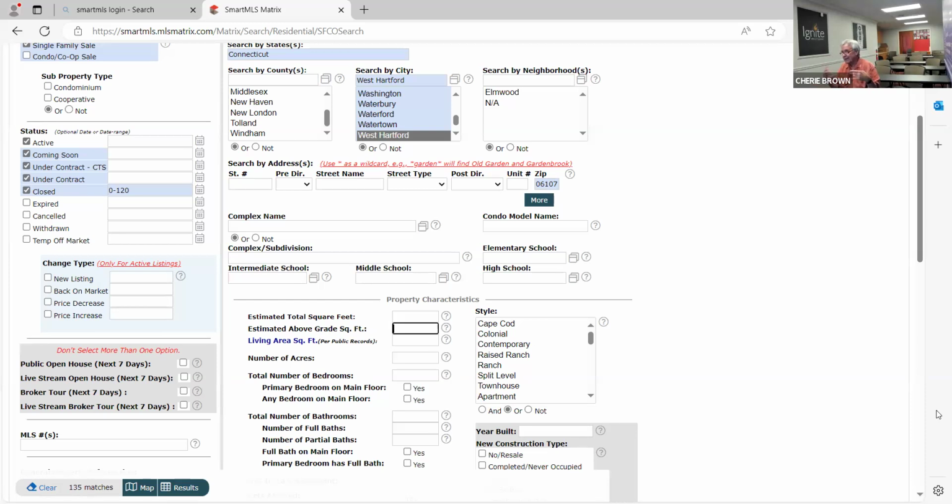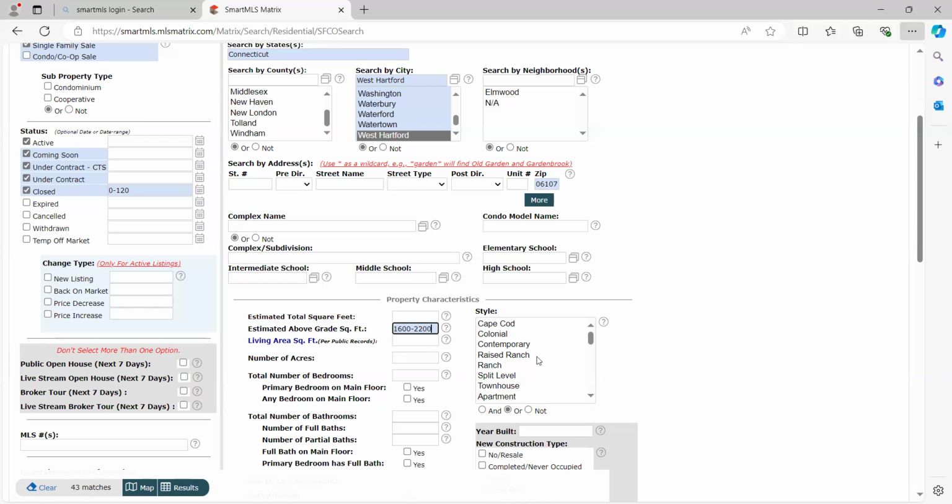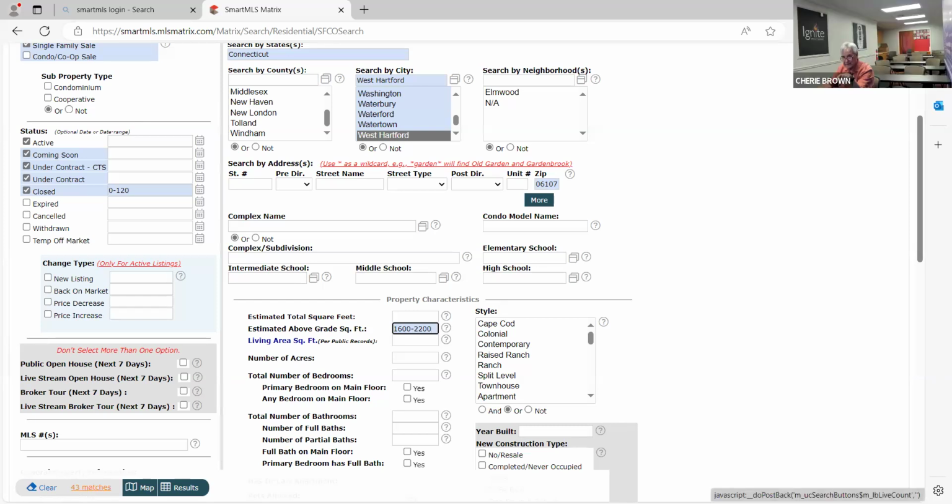So I'll typically put my subject property in the middle of a range. So I would say give me properties from, say, 1,600 square feet to 2,200 square feet. And every time I put a criteria in, the bottom left-hand screen tells me how many matches there are in all these various statuses that we've chosen.